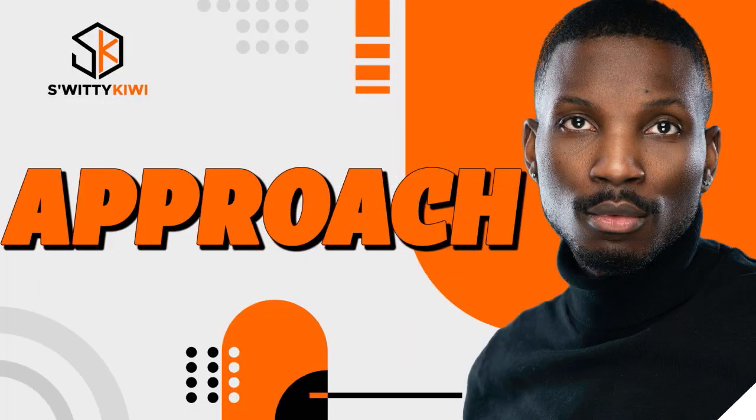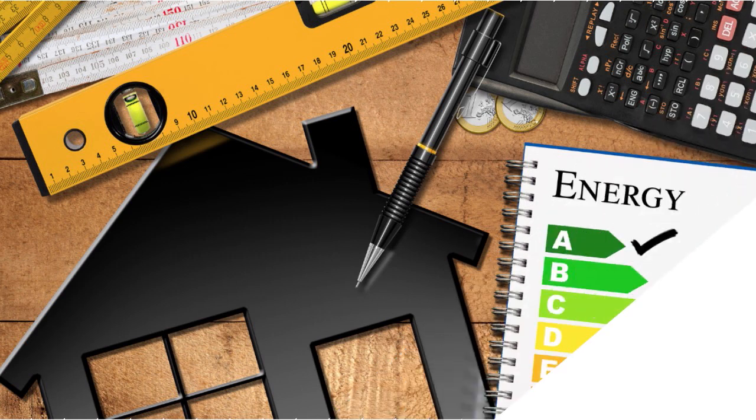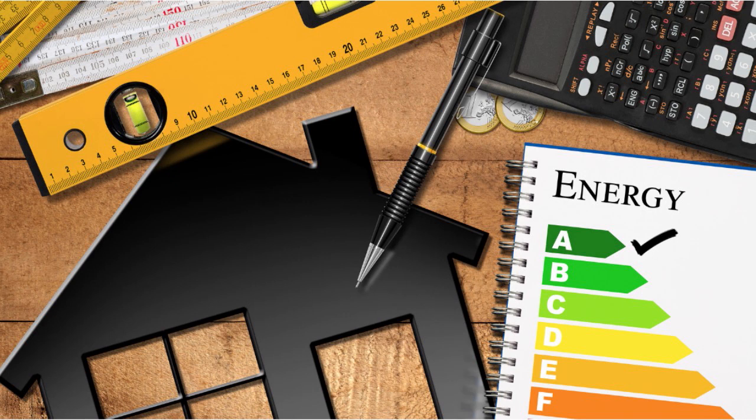Let me give you the approach you need to really pay attention to when we talk about 5695. It's important to understand that we are talking about home improvement credits, the energy efficient home improvement credit, in terms of anything you do to optimize your energy consumption. And it really depends upon the kind of home you have.